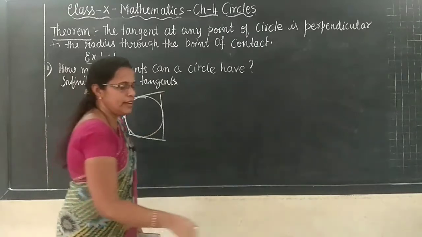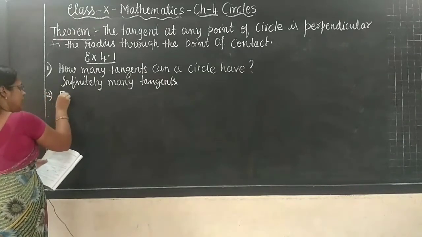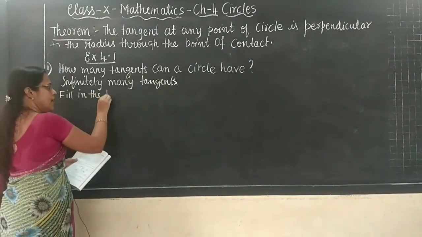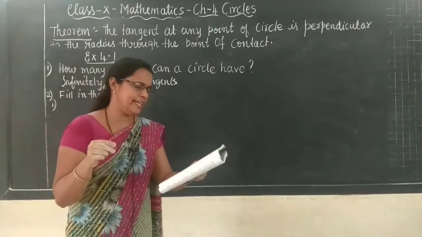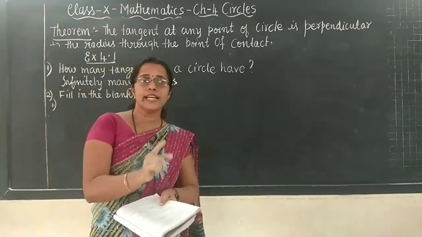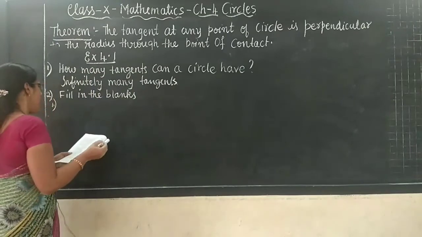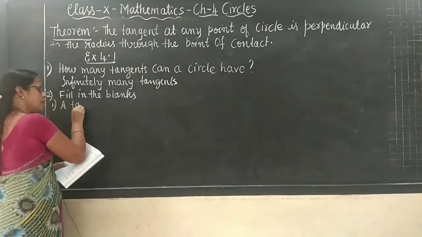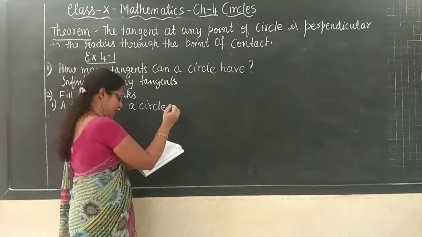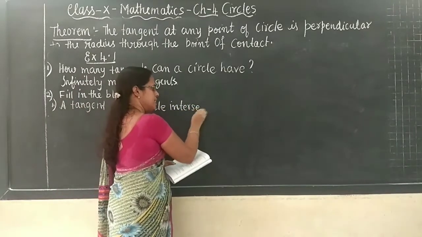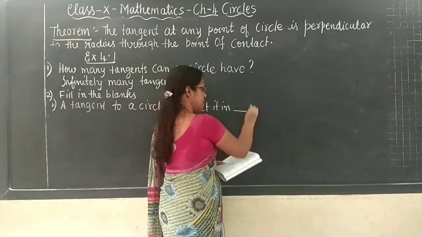Next question is fill in the blanks. The first one: a tangent to a circle intersects the circle in dash points.